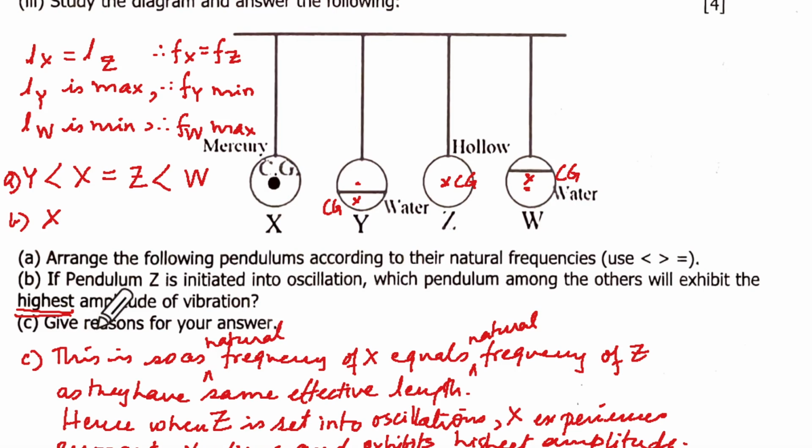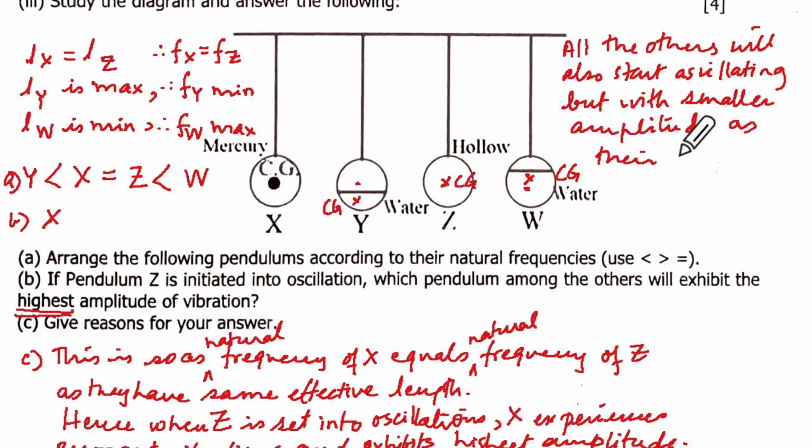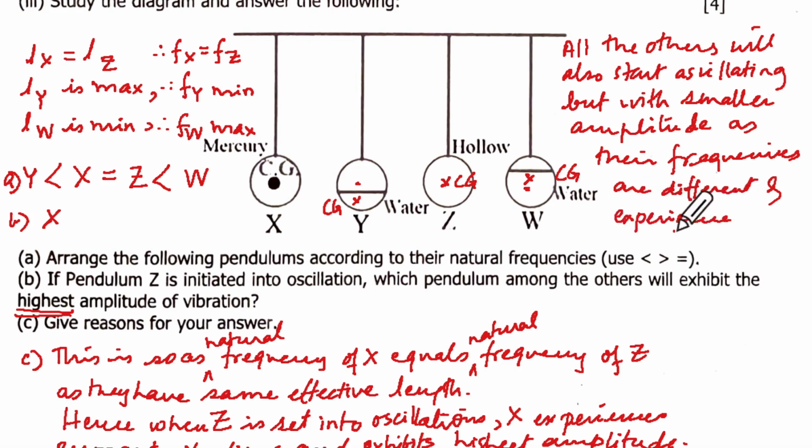It's not just compared with X and Z. So what you will say: all the others will also start oscillating, but with smaller amplitude, as their natural frequencies are different, and experience forced vibration. Okay.